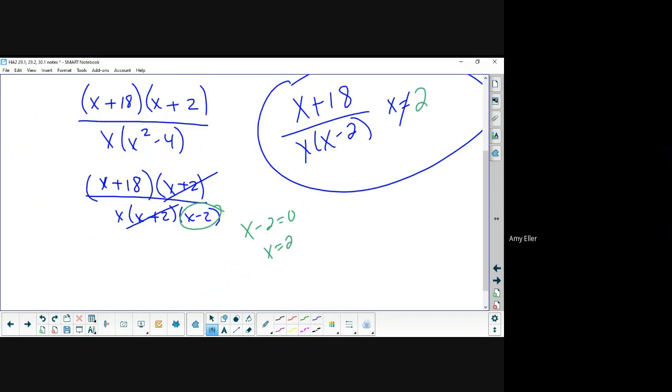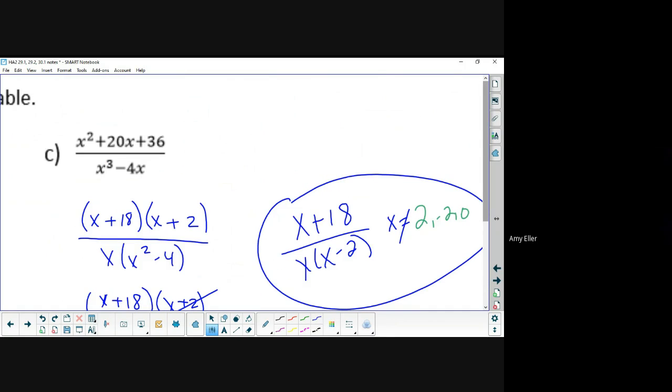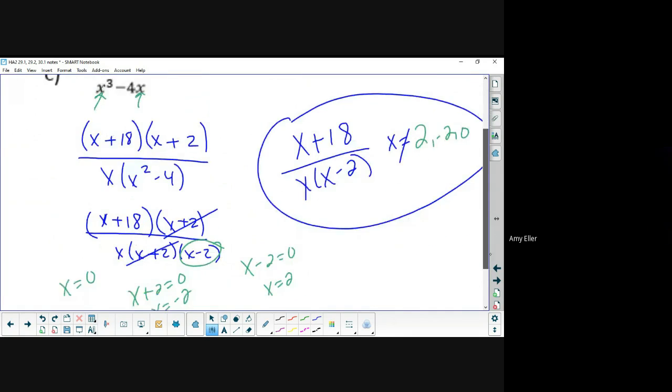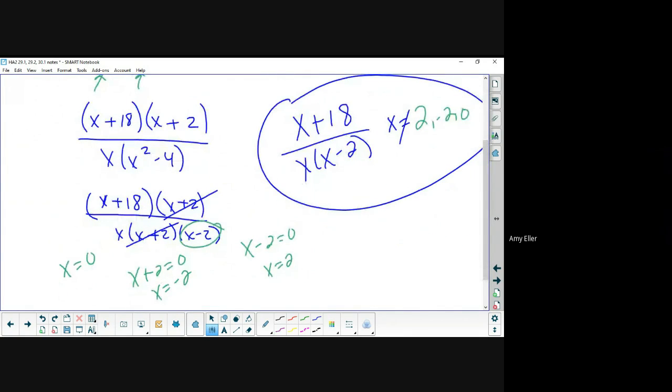Set this equal to 0. Obviously, we don't always write all this down. Negative 2 would be a problem. Set this equal to 0. No solving there, just 0. And it does look like 0 would be a problem. If I plugged in 0 for x, I definitely would be dividing by 0. So 3 x's that are not allowed.